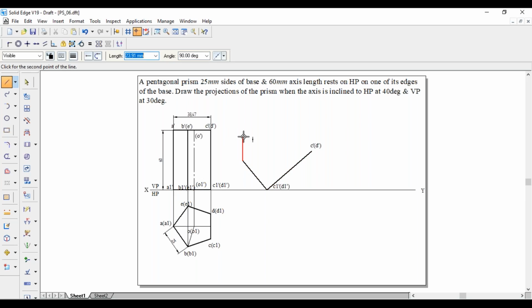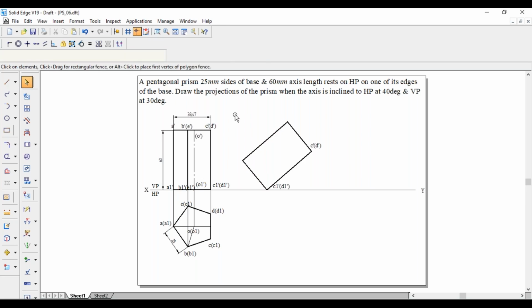Similarly, from C dash, draw a line perpendicular to C1 dash C dash for a length of 38.47 mm. Join this one. So this is A dash. This one is A1 dash.